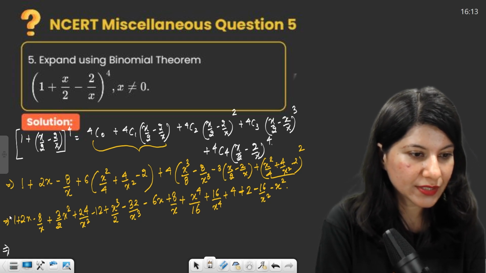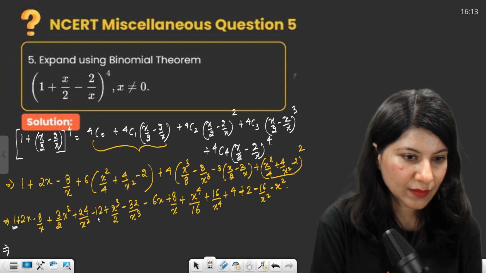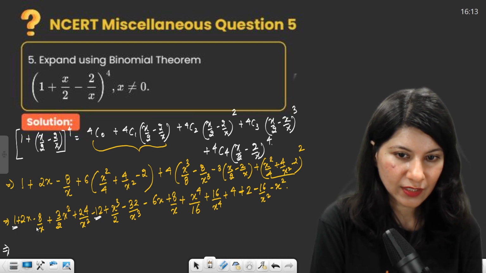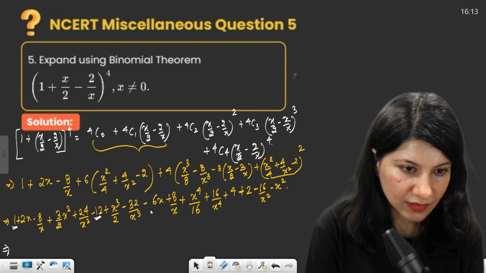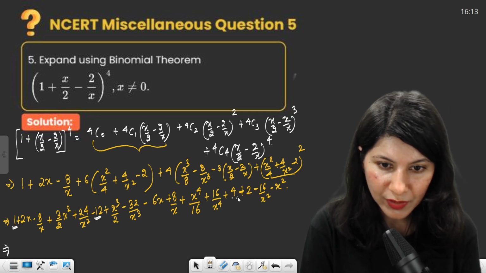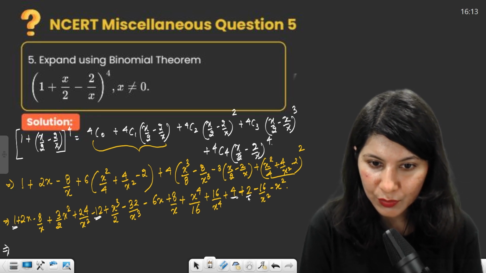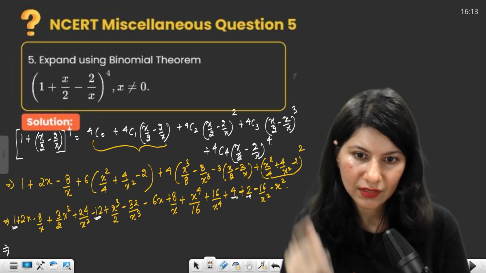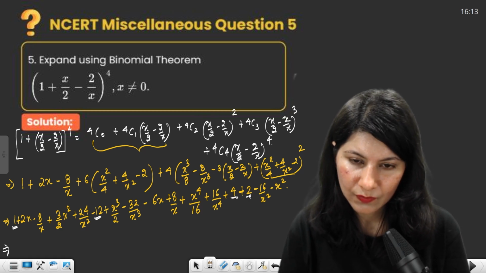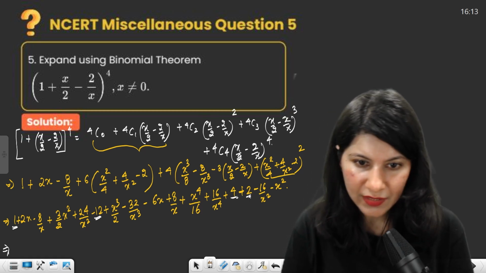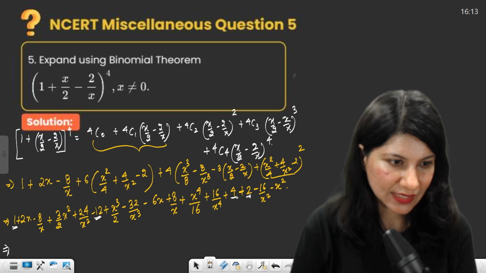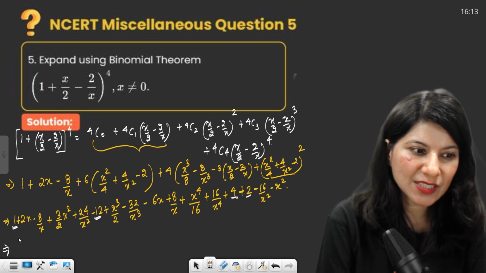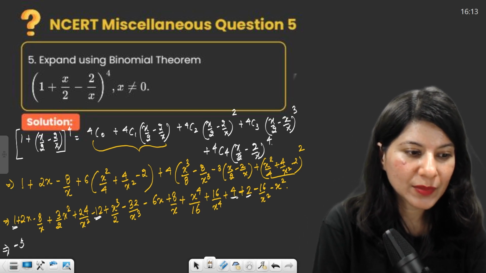Let us talk about constant term. 1, then minus 12. Then we are having 4 and 2. That's it. So the constant term will be 4 plus 2, 6. 6 minus 12 is minus 6 plus 1. Minus 5 will be the constant term.